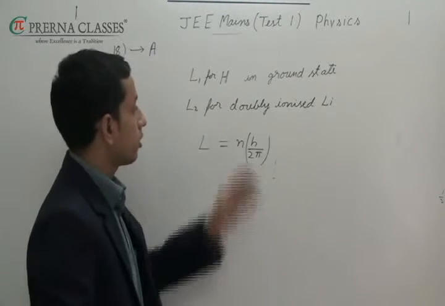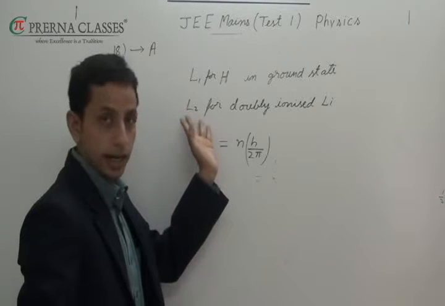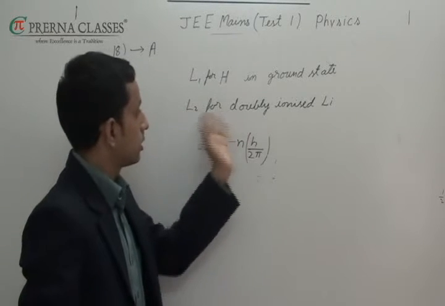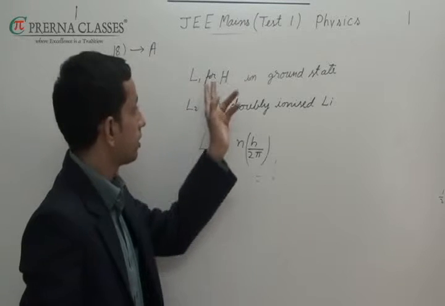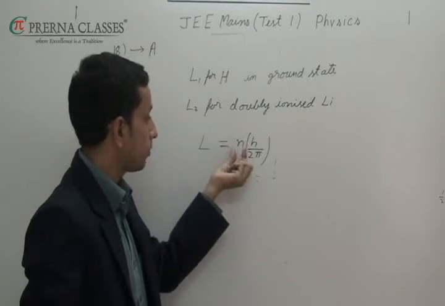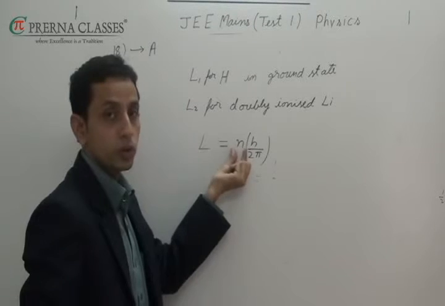So it is independent of which atom we are going to take, whether it is doubly ionized lithium or ground state hydrogen. It only depends upon which orbit we are going to take.